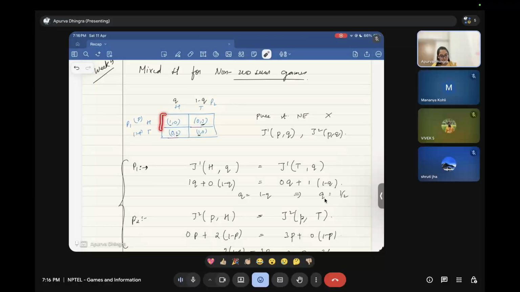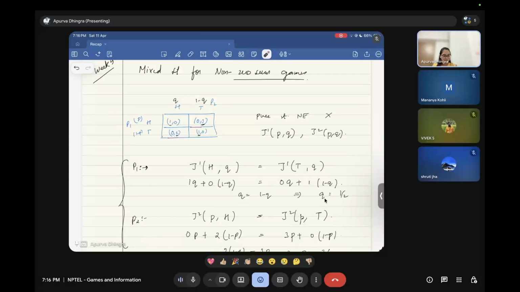You're fixing one row, and then you're saying these two expected utilities should match. The expected utility from here and the expected utility from here should match, even if the other player plays whatever strategy he wants to play. And that pushes this Q to take some value, which is equating these two objects.